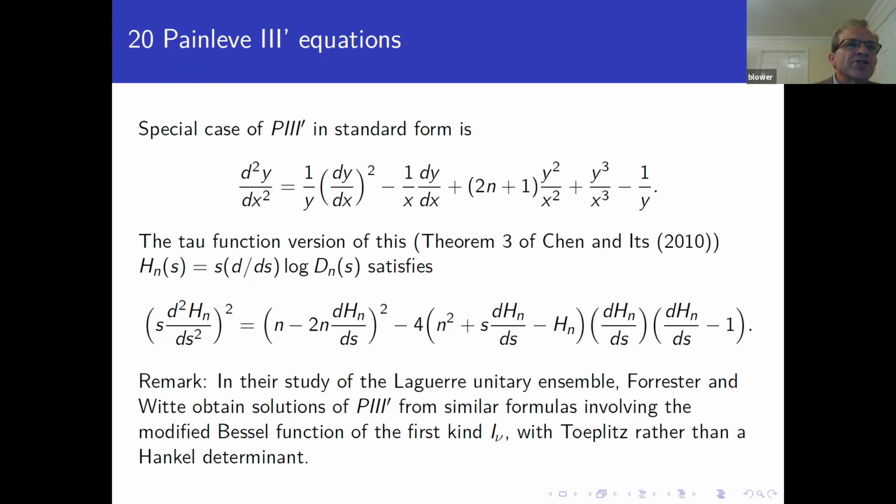But when you do that, you can introduce what's sometimes called the sigma form of Painlevé III prime. And that is satisfied basically by the logarithmic derivative of the Hankel determinant D_n of s. So I've written down this formula explicitly, and this is a version of the sigma form of Painlevé III prime.